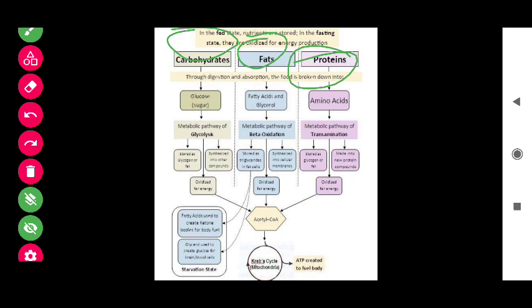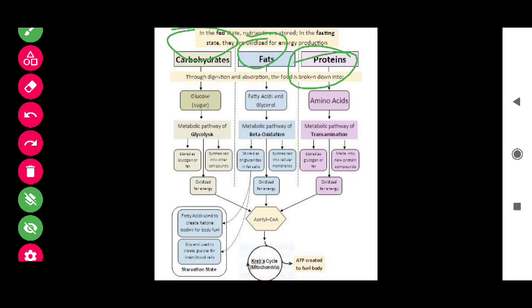For example, if we are in the feeding state, the nutrients are stored. But whenever we are in a fasting state, they are oxidized for energy production. For example, we are having food, a balanced diet.